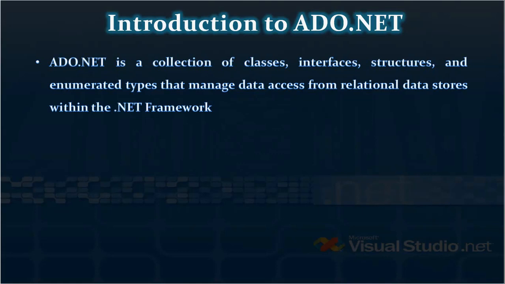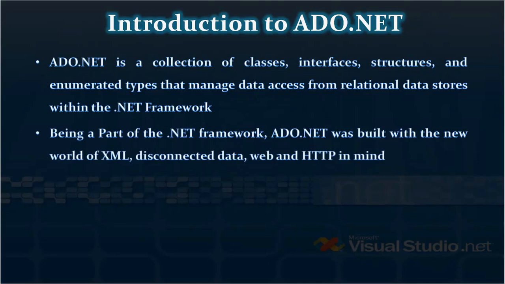ADO.NET is a technology by which you access data from an RDBMS. I have not said which RDBMS. It can be any RDBMS like Microsoft SQL, MySQL, Oracle. If it is an RDBMS, it can connect to your .NET framework, and within the .NET framework you can access it using this collection called ADO.NET. I hope this correlation is clear. All right, let's move on.